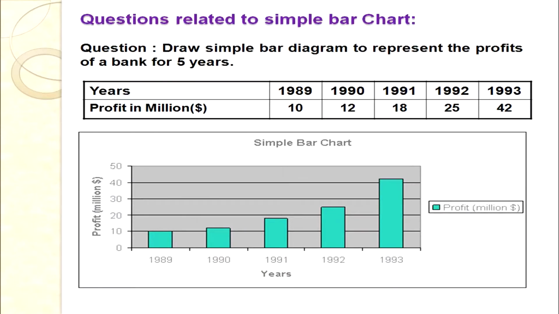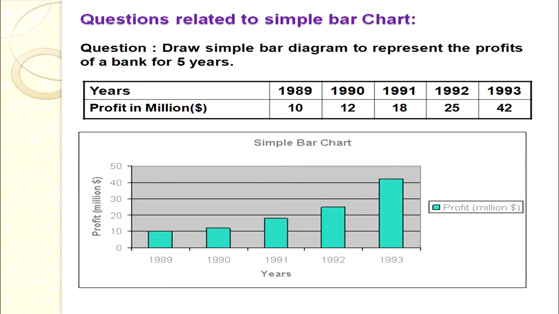Now the profits: the length of the bars is going to change as the profit changes. So on the y-axis I am writing profit in millions of dollars, and then plotting 0 to 10, 10 to 20, 20 to 30, 30 to 40, 40 to 50. As we can see, the data starts from 10 and goes up to 42. The first step for each student is that you must label your diagram first and then draw, otherwise you will forget afterwards.